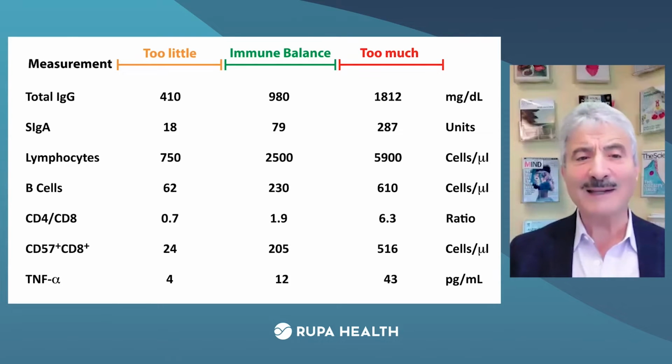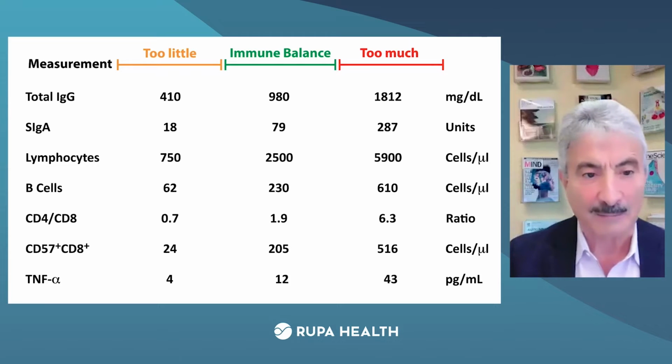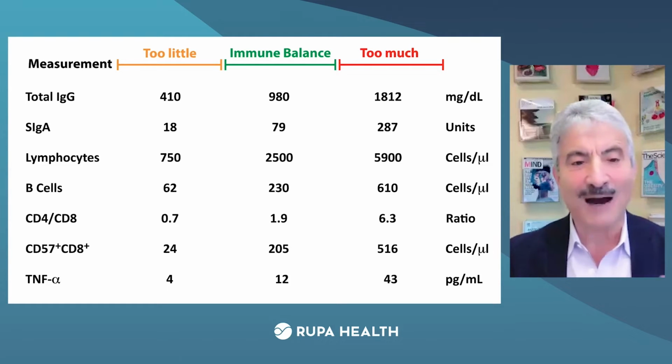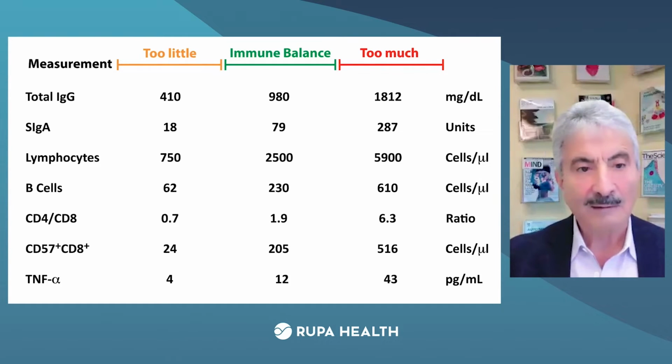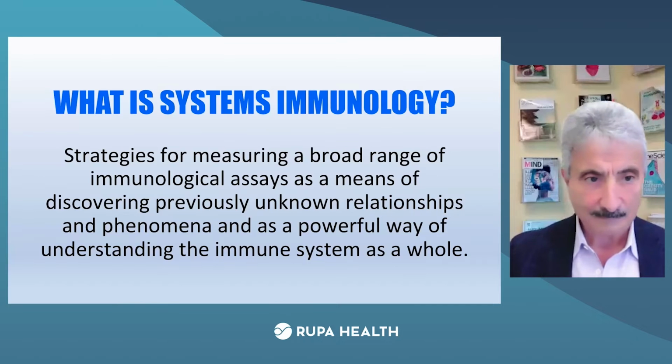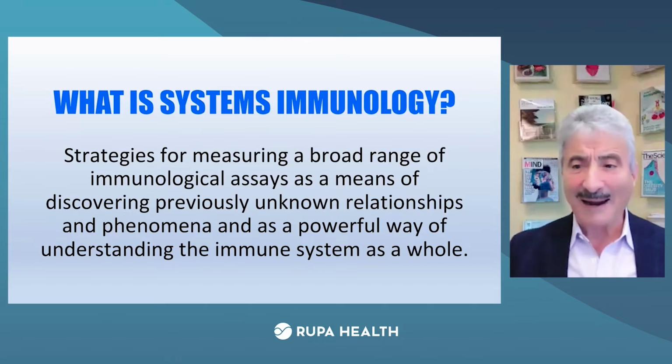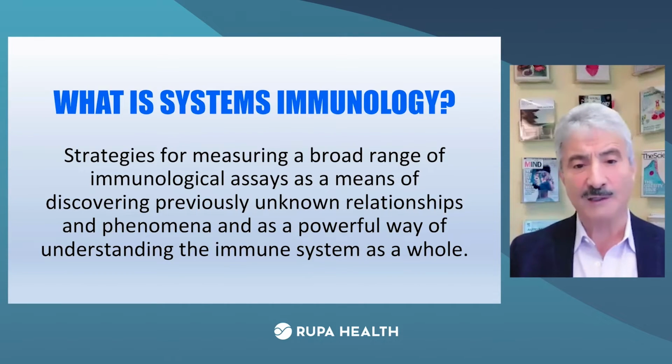So the bottom line is, here we see an identifiable pattern that is very important to look at, which is, by the way, part of systems immunology.